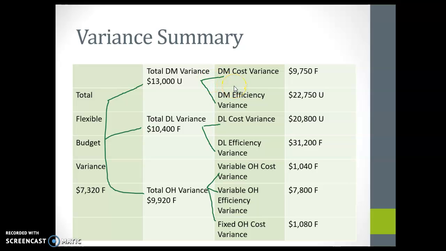We will talk to the purchasing director about that cost and how did he get the cost down, and what about the quality of it, etc.? We'll have to talk to the foreman in the factory, the supervisor in the factory, and see why did we use 13,000 pounds more of wax than we should have?